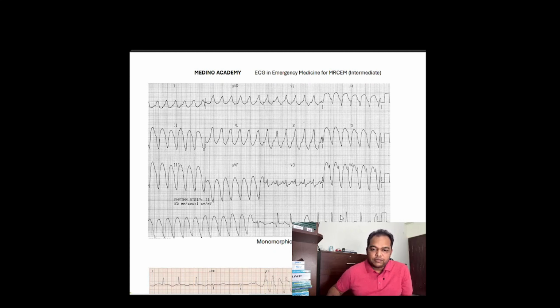So this is the capture beat, and this is the fusion beat. Fusion beat is the combination of the ventricular impulse and the normal impulse. This is the fusion of ventricular impulse and the normal impulse, so it is called a fusion beat. Ventricular impulse and normal impulse fuse and create this type of fusion beat. And this is the capture beat.